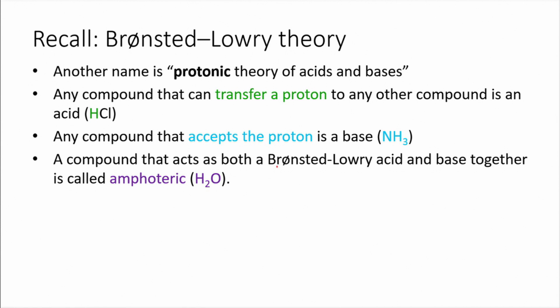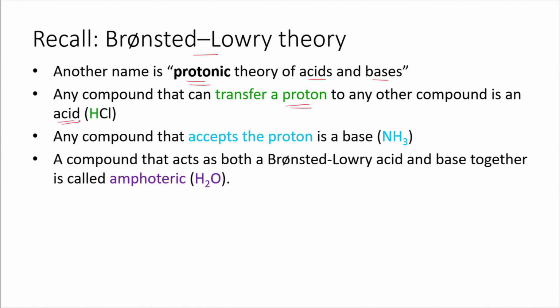Let us move on to the next topic, that is alkyne. Before we start our alkyne study, let us recall what we have studied earlier about Bronsted-Lowry theory. We call acids and bases based on protons. Any compound that can transfer a proton to any other compound is called an acid.